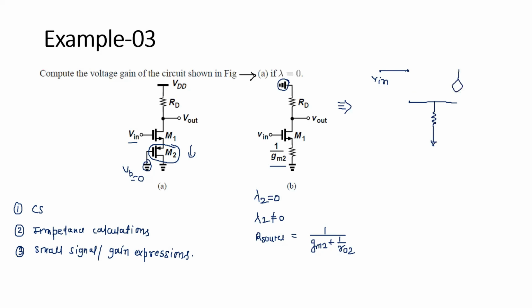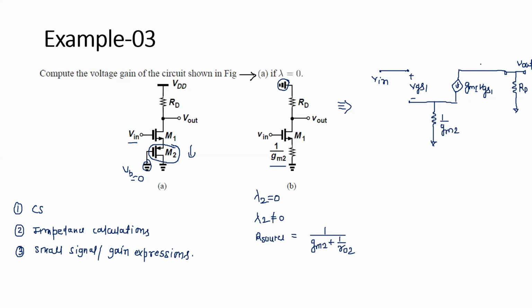This is gm1 VGS1, and lambda is 0, so only RD is there, and we are taking the output at this RD. This is your VGS1, and this impedance is nothing but 1 upon gm2.